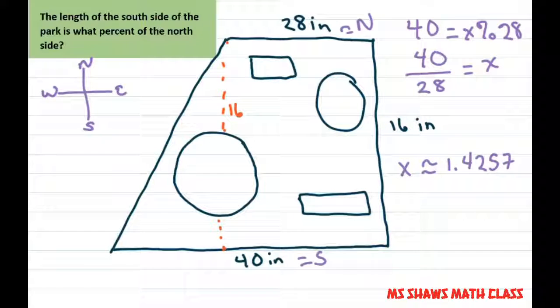And if you multiply that by 100 to get your percent, you move the decimal point over when you multiply by 100. So the percent equals 142.857, approximately 142.9 percent.